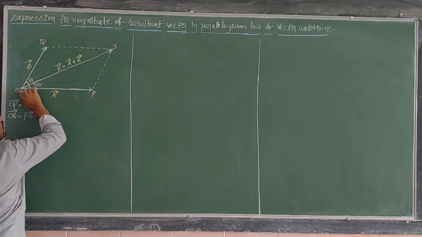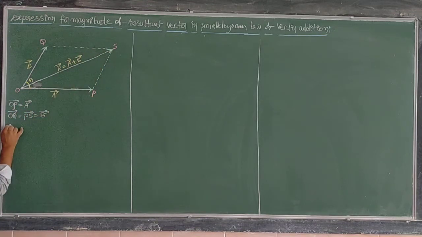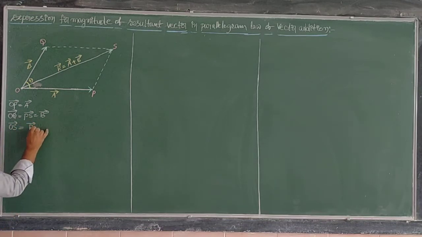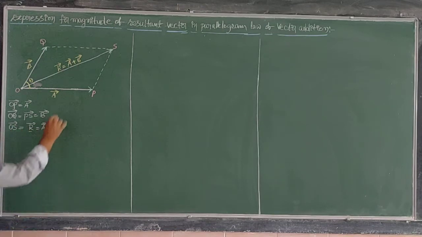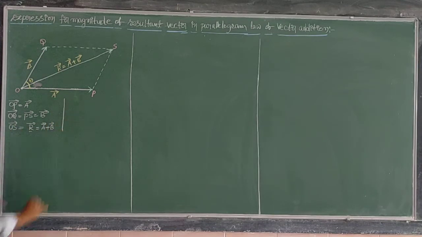Next, OS bar is equivalent to R bar, otherwise A bar plus B bar, but we want R. Here the given things are written as vectors, but for magnitude only we have to remove the bar.